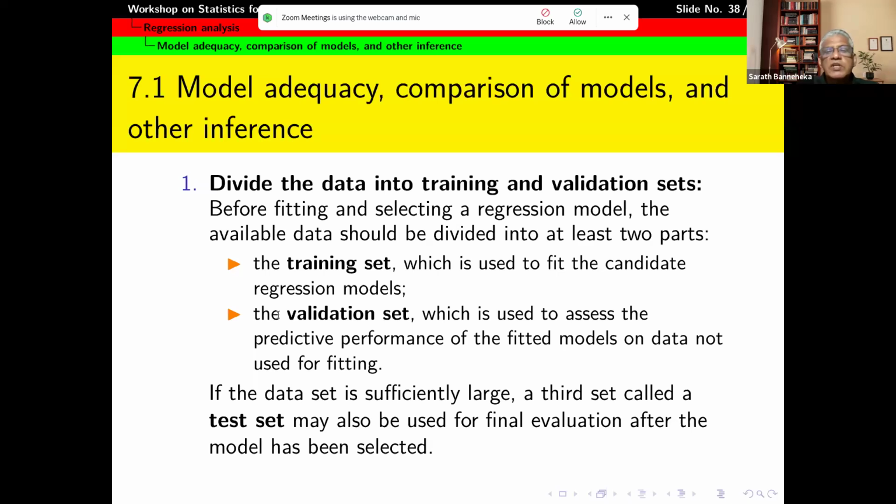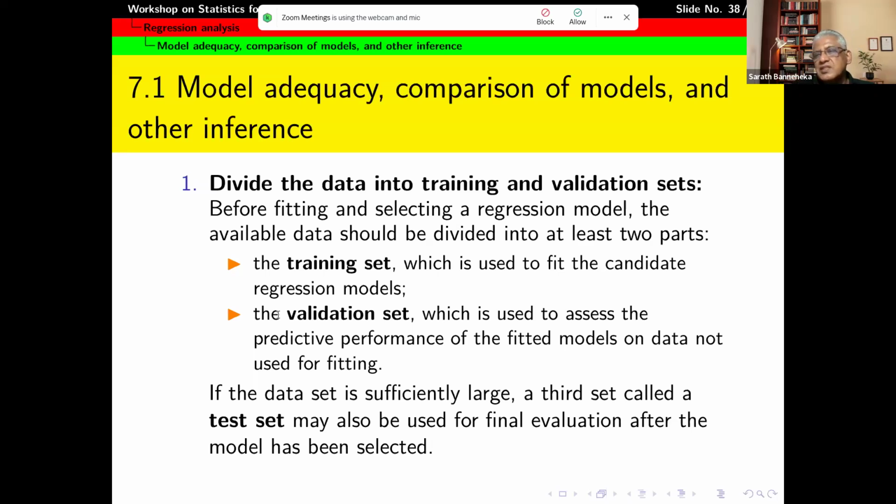The available data should be divided into at least two parts. The first set is called the training set, which is used to fit the candidate regression models, right? And then the validation set, which is used to assess the predictive performance of the fitted models on the data not used for fitting, right?